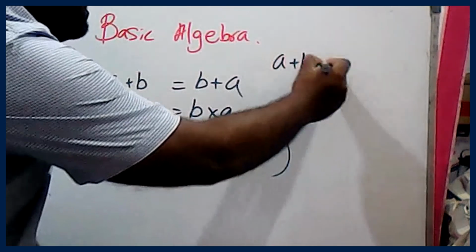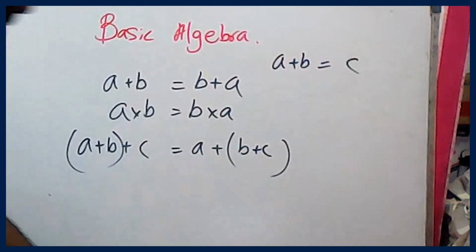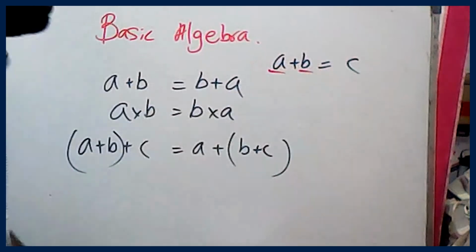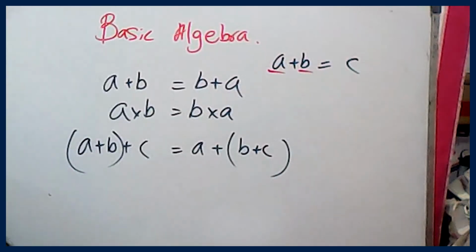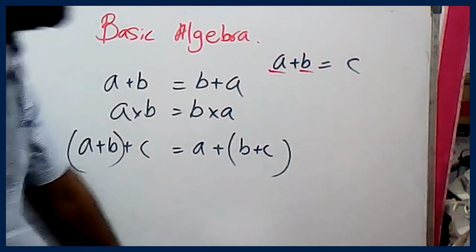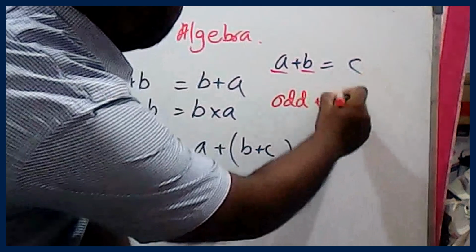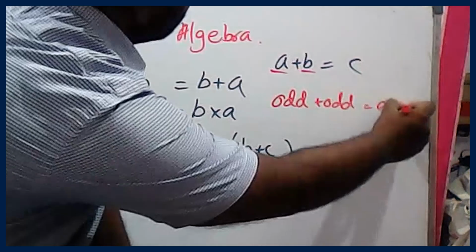And there is another thing. Let's say a plus b is equal to c. If a is an odd number and b is also an odd number, then the answer will be an even number. Odd plus odd is equal to even.